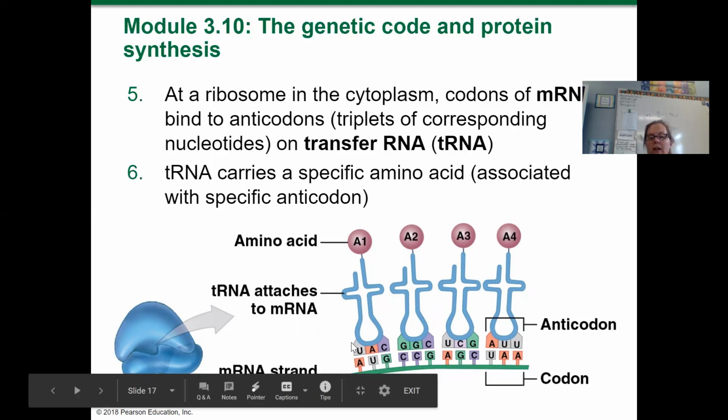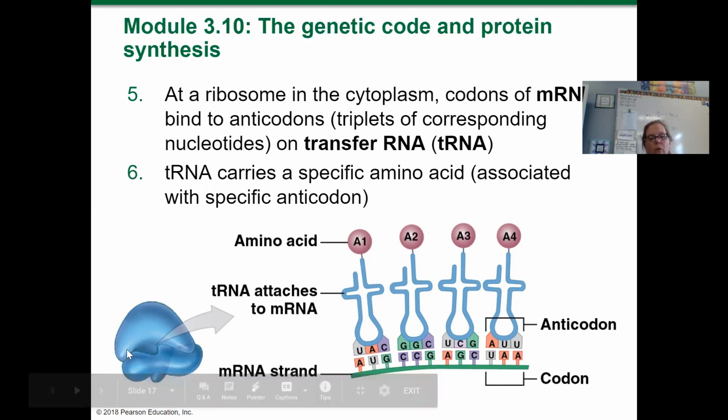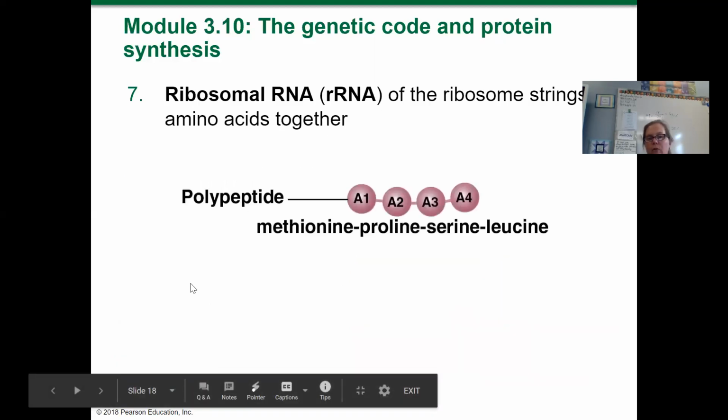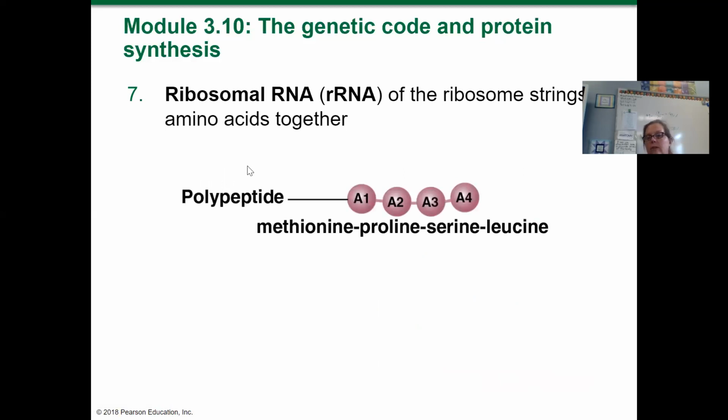And so that tRNA, because of that anti-codon matching, refers to a specific amino acid. Eventually what you'll see here are peptide bonds that are formed between them. And that's a polypeptide chain. And then you'll get several of those together, which will be a fully fledged protein.